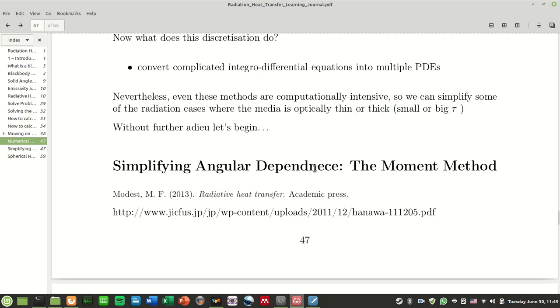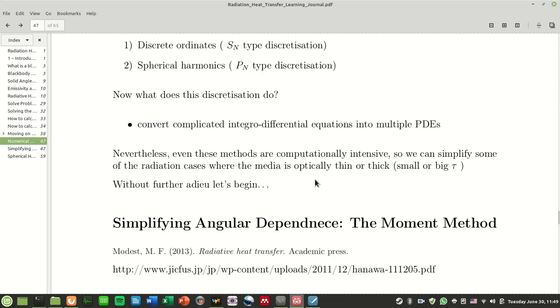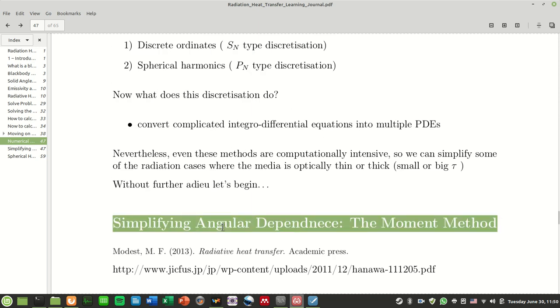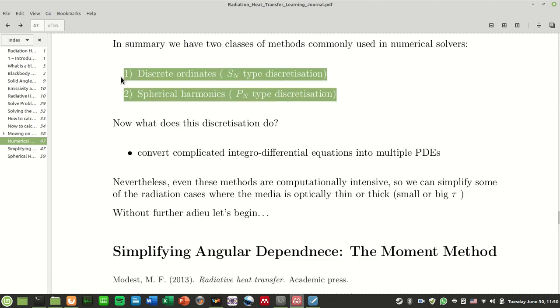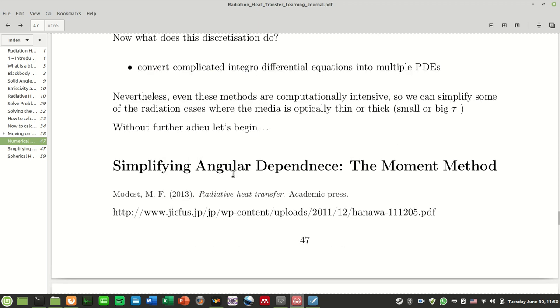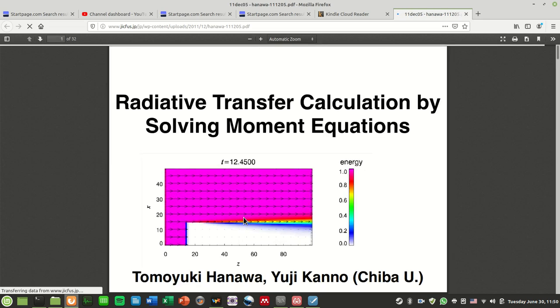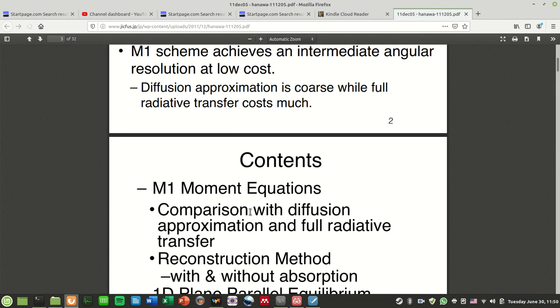So first thing we want to build is some foundation for our spherical harmonics and discrete ordinates method. This is known as the moment method. It's taken from Michael F. Modest, one of his chapters there, and you can take a look at some of these links here.